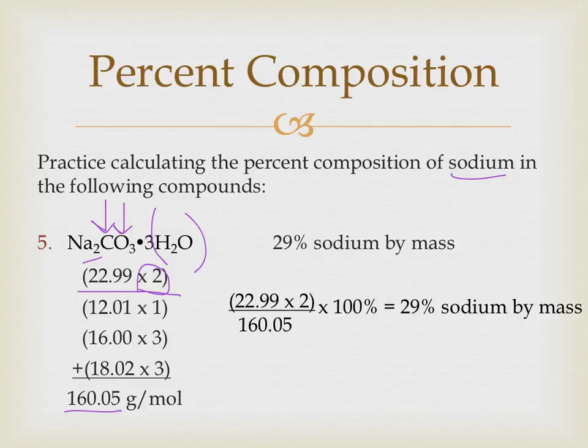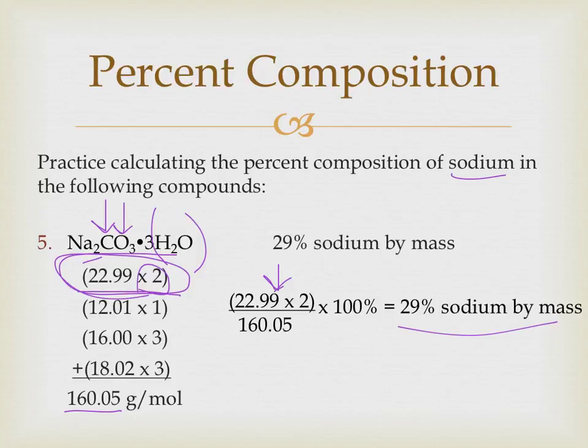If you're not sure how I got that number, go back to the beginning of this video and rewatch the molar mass of hydrates. So if I take 22.99 times 2, the mass due to sodium, again, in this formula, it's not just 1 sodium's mass, it's the mass of all of the sodiums in the compound, divided by the total mass times 100 gives us 29% sodium by mass.